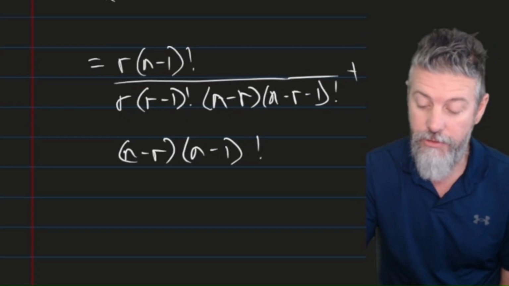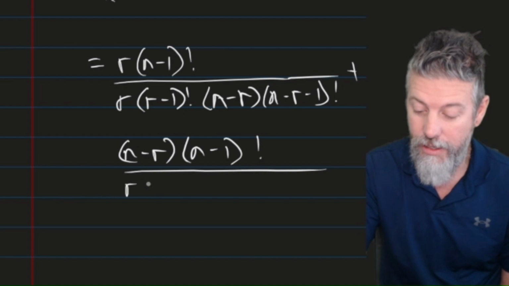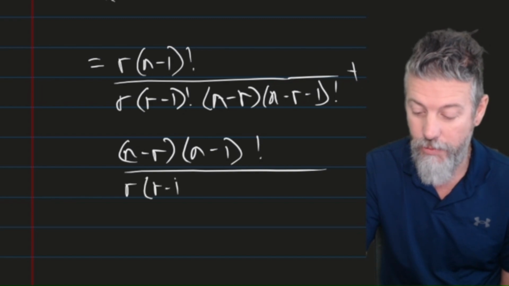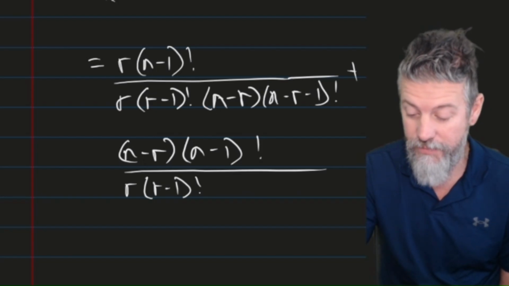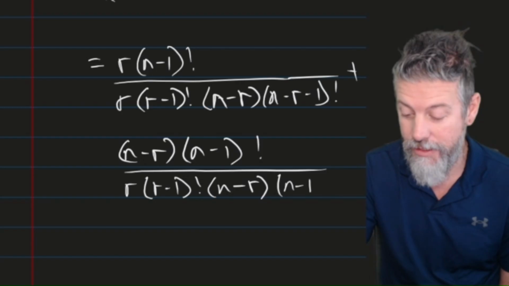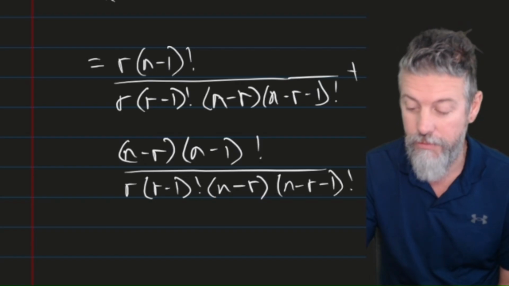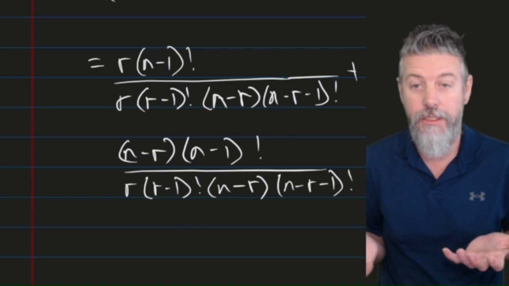And so now down on the base of this one, we are going to have r outside of r minus 1 factorial. And we've multiplied by n minus r. So we're going to put in n minus r minus 1 factorial. And in the end, the denominators now look like the same, which is what we expected.